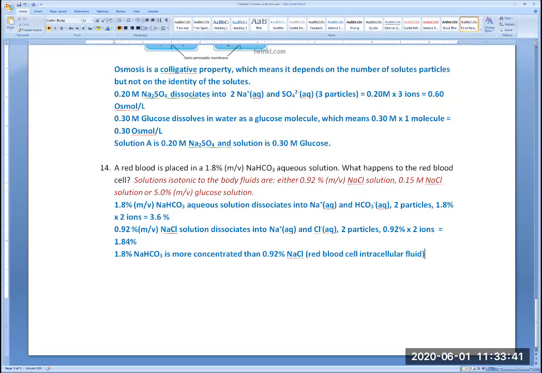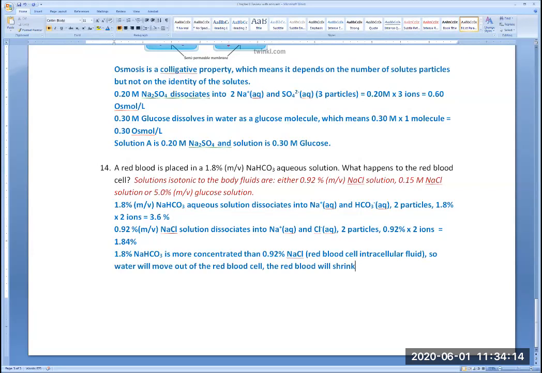So then the water will want to move from the low concentration to the high concentration. So here it will move from inside the red blood cell out. So water will move out of the red blood cell. It will move out, and so the red blood cell will shrink.